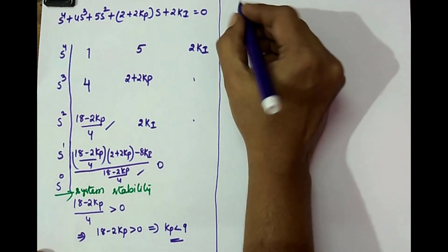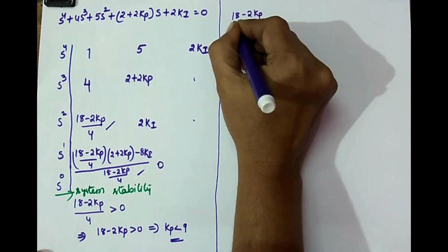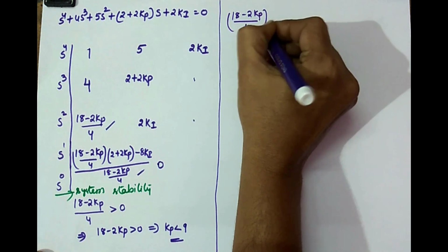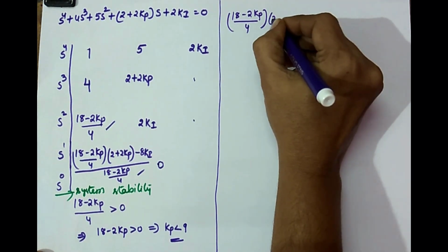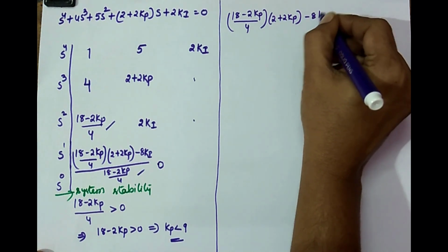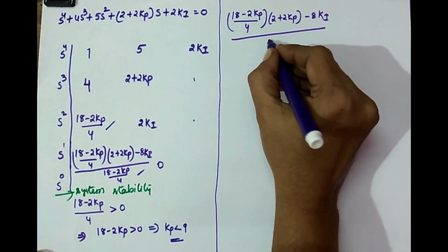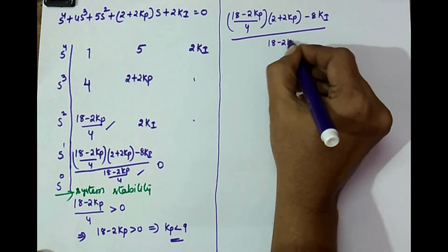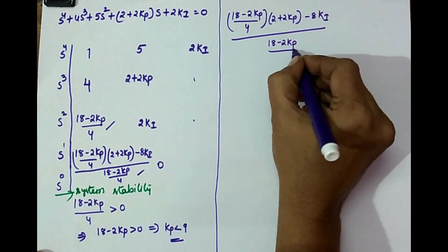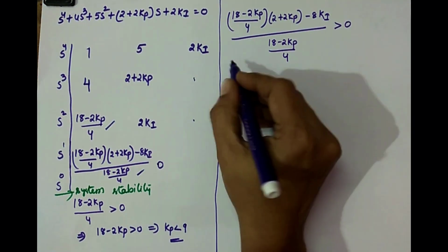Then take another term: ((18 minus 2 Kp) by 4 into (2 plus 2 Kp) minus 8 Ki) divided by (18 minus 2 Kp) by 4 must be greater than 0.